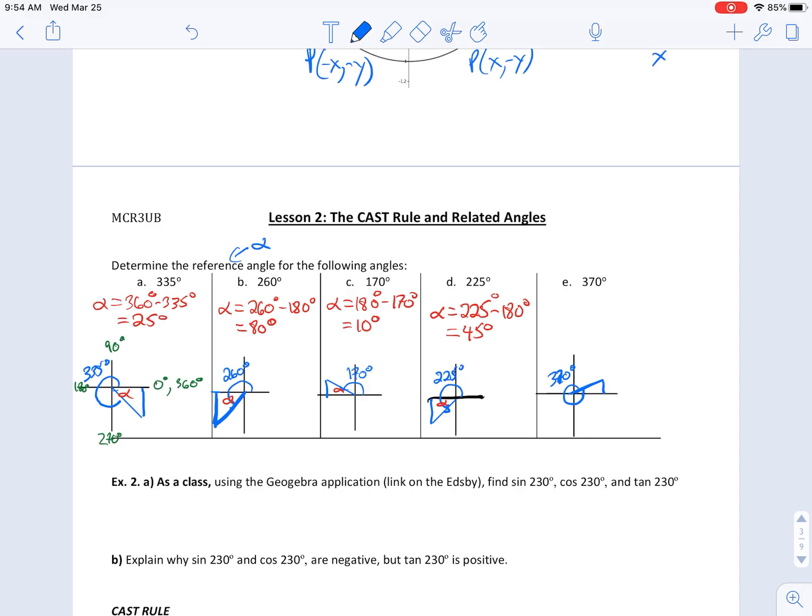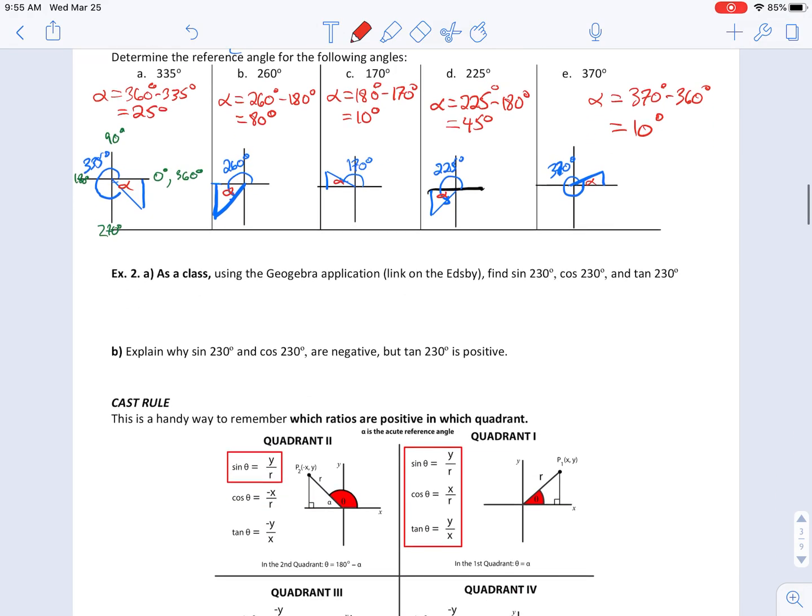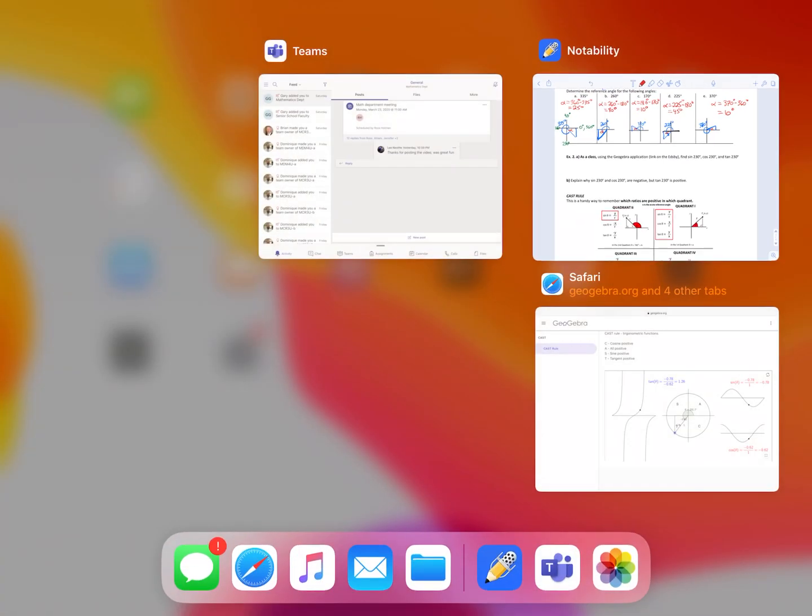I'll just do this, 370. And so what alpha is, is what's left over. It's the difference between 370 and 360. So it means that I've rotated one full rotation and then gone an extra 10 degrees. So there should be something located here, but I think I can get to this.